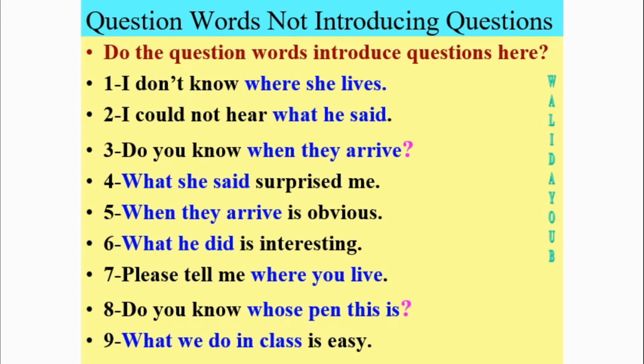Let's see how. In the first sentence, what is the verb of the main clause? The main clauses here are all the ones in black. So the verb is don't know.